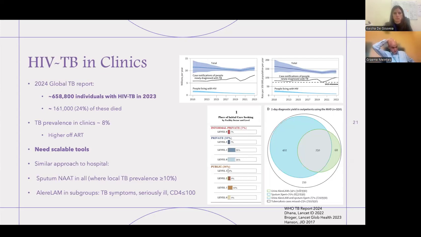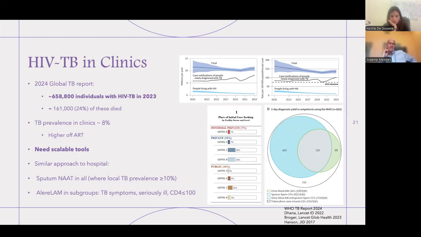We know that luckily sputum performs a bit better in outpatients, which I'll come to shortly, but there still are patients being missed. And we need scalable tools to find these missing cases and get them onto treatment. The recommendation for sputum molecular tests is generally where the local TB prevalence is more than 10%, or in those with symptoms.